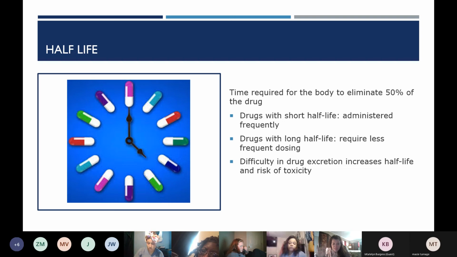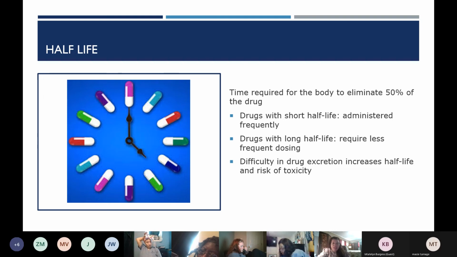That's why some drugs are given once daily and some drugs are given 3 times a day. Because once 50% of the drug is eliminated from the body, it's not going to be long before we need another dosage of that medication to keep it steady. So once a day, they have a longer half-life. When you look up drugs in your drug book, it will tell you the half-life of the drug.